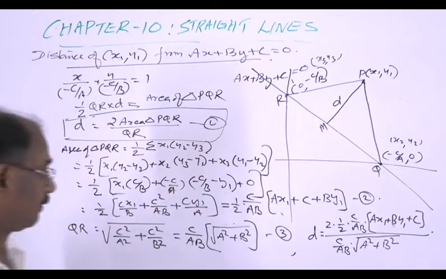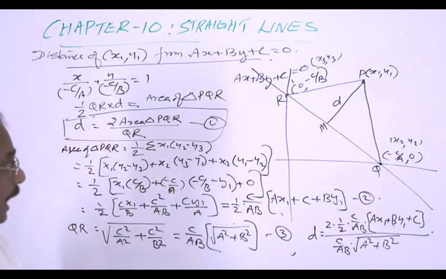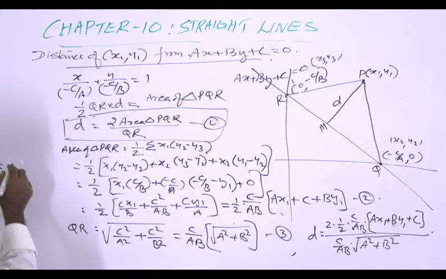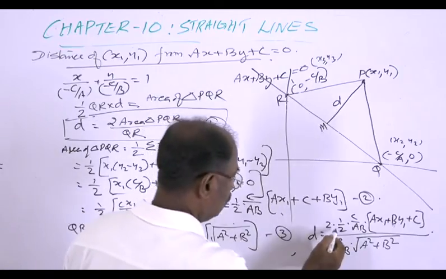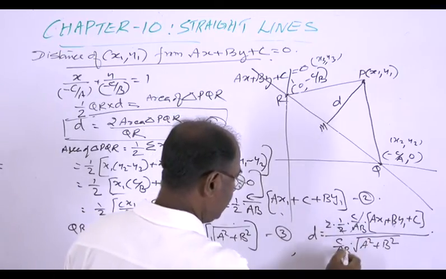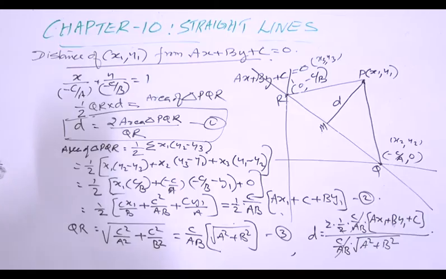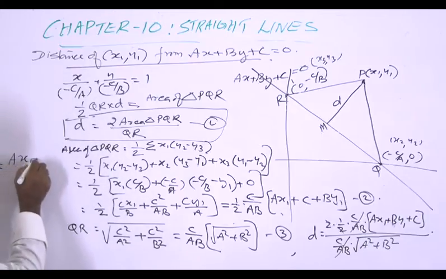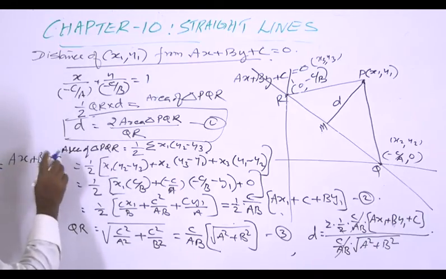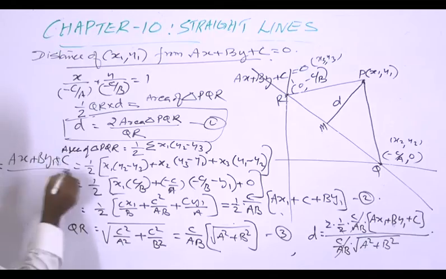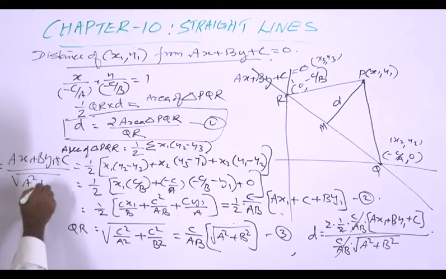The 2 and 2 cancel, the c by ab cancels, which is equal to ax1 plus by1 plus c divided by root of a square plus b square.